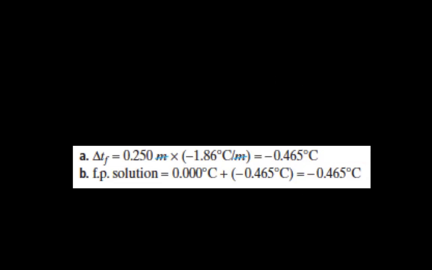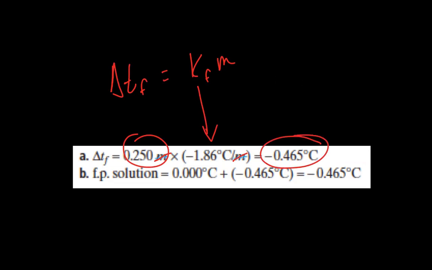Next, we're going to use the formula, put that back up here, delta TF equals KF times m. So here is our KF, that's our molality. You notice that molality cancels, which gives you only the unit degrees C left over. This is a constant, negative 1.86.